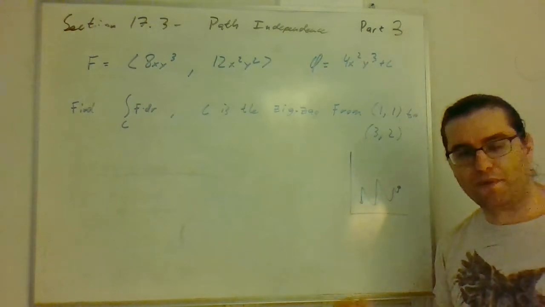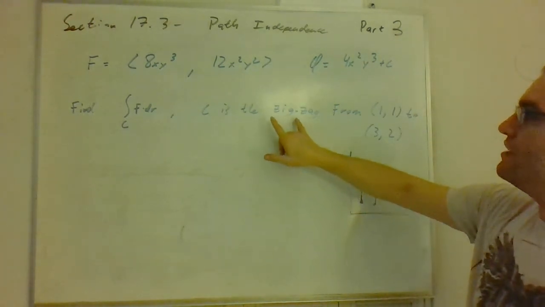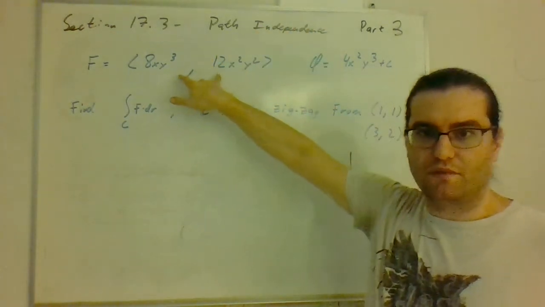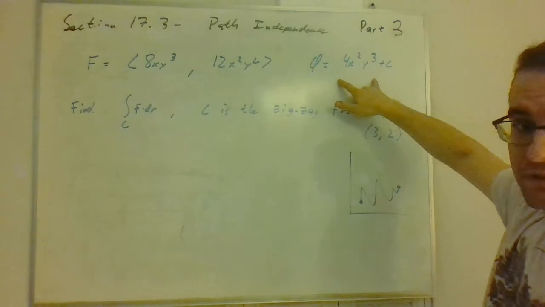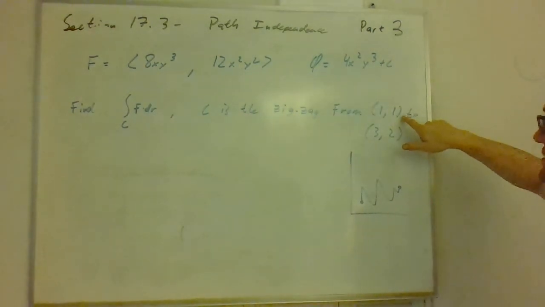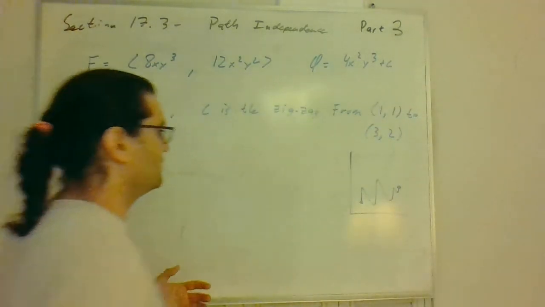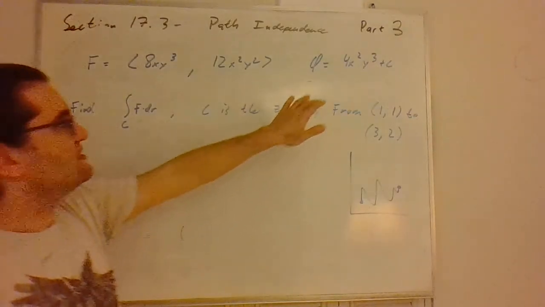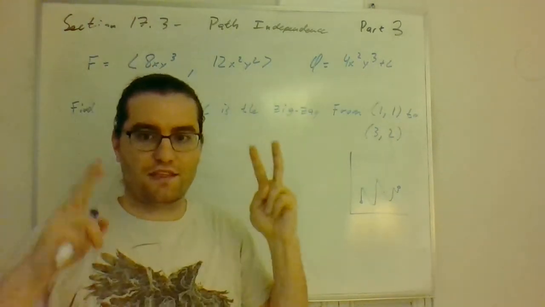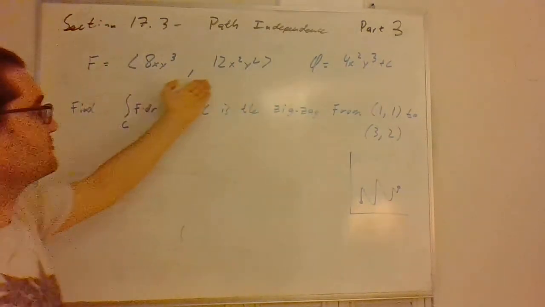So here's the big payoff. If you know that this vector field is path independent, and then you can find the potential function, the only thing you need in the potential function is the start and the end point. In many ways, this potential function is like the integral of this vector field.